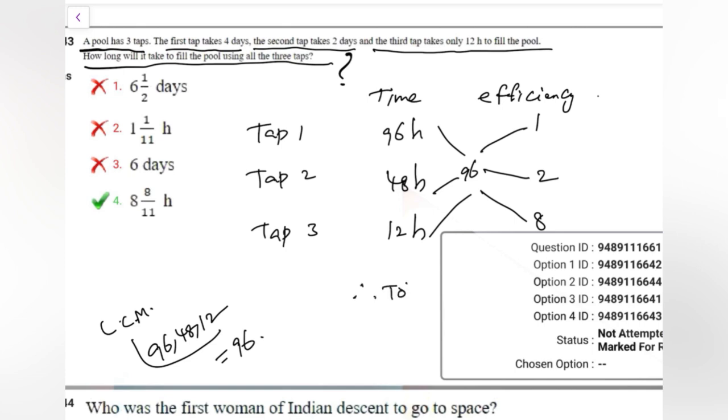Therefore, total efficiency is equal to 1 plus 2 plus 8, which is equal to 11, and time to fill the pool using all the 3 taps is equal to 96 divided by 11, which is equal to 8 by 11 hours, which is option 4.